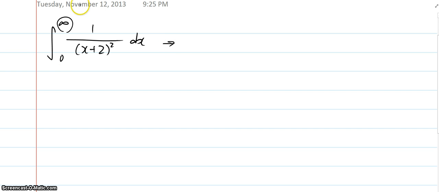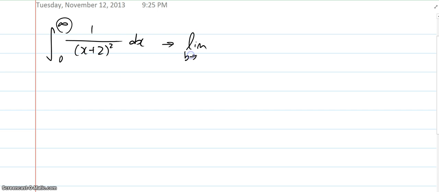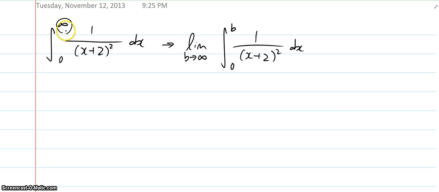So we can change the whole thing into limit b goes to infinity, 0, b, and the equation. Here, because we're not allowed to put infinity for the interval, I changed the infinity sign to b and took the limit when b goes to infinity.